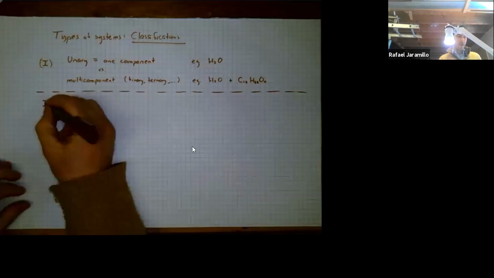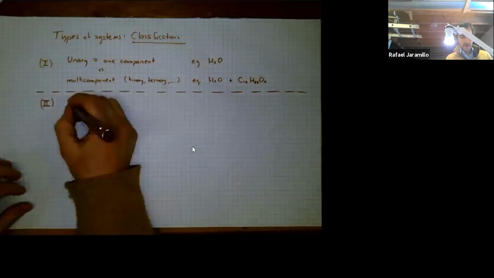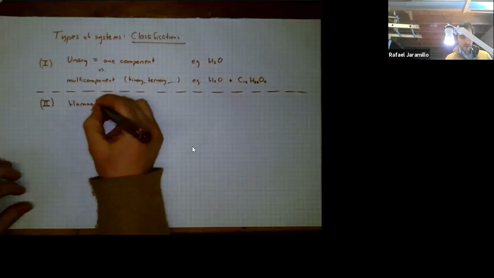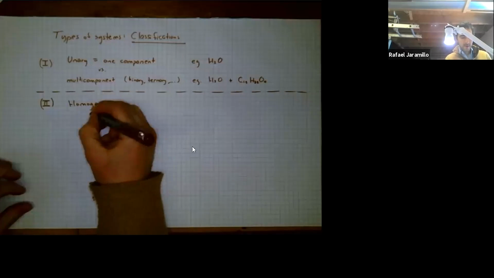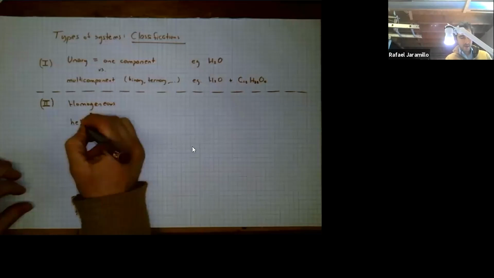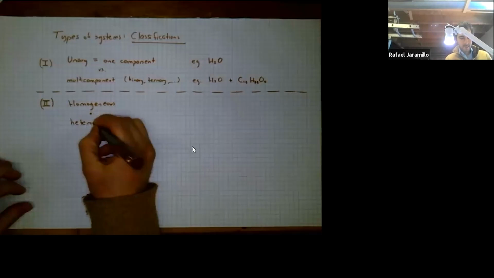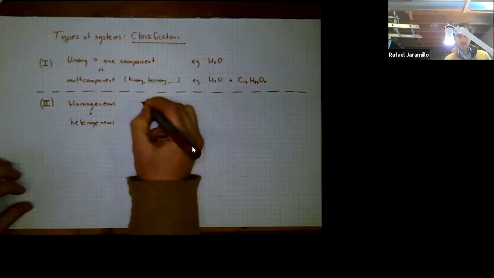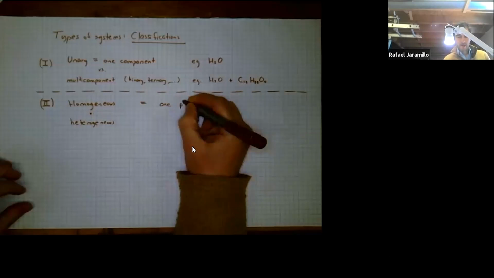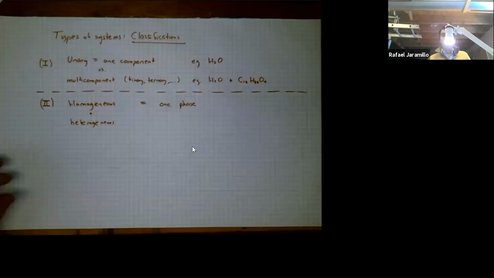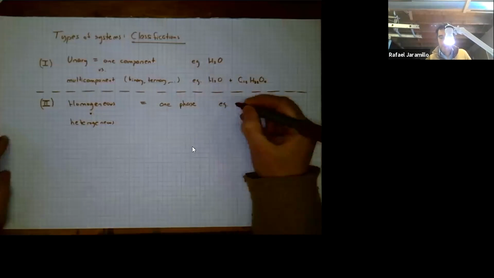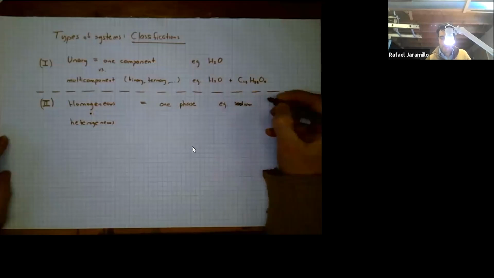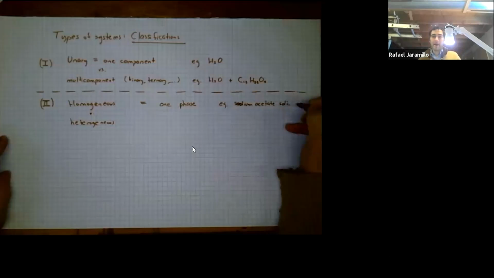All right, another type of classification: homogeneous versus heterogeneous. So homogeneous means one phase. So, for example, the sodium acetate solution, right?